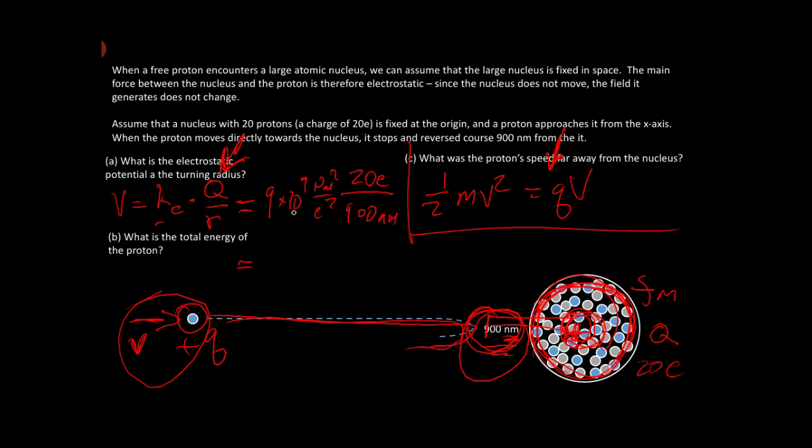Okay, so we can cancel out some 9s. That's good. So that means we have 2 times 10 to the 9th, then we have 20 there, so we add 1. The 2 came out here.